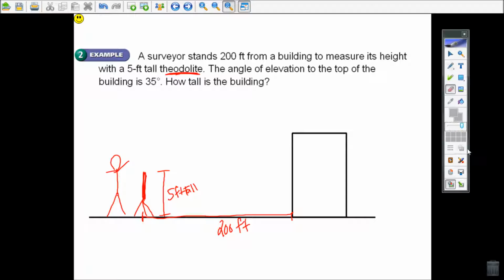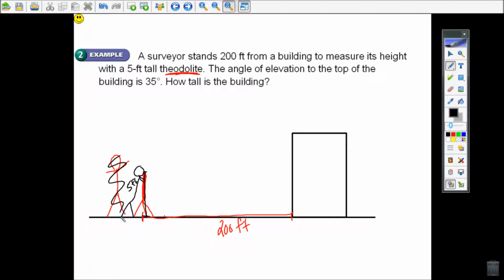So I'm going to get rid of these markings. I didn't put it in a great spot. So just imagine that you're looking through this little machine. Act like that's you, not this one. So this machine is 5 feet tall.